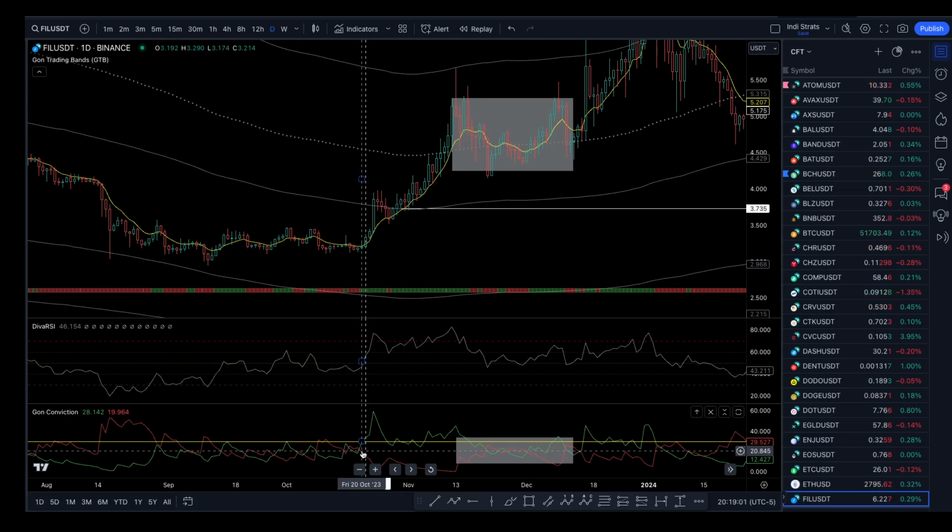The RSI moved from 46.154 to above 50, to 56.6, and the price candle has closed well above the 8 EMA, the relative strength line.